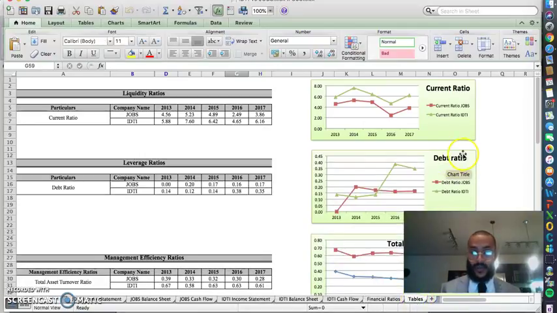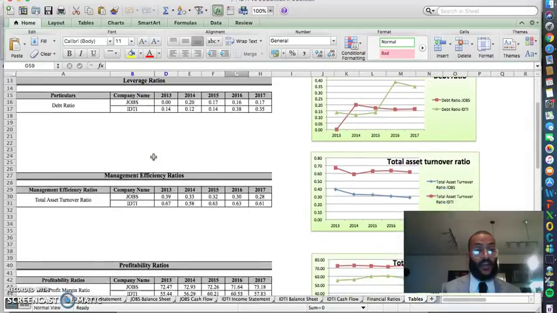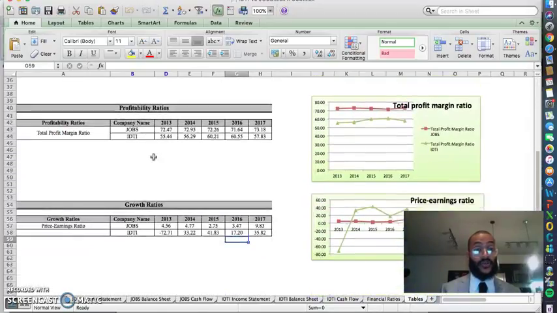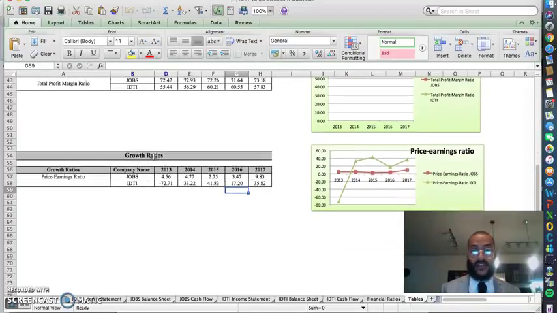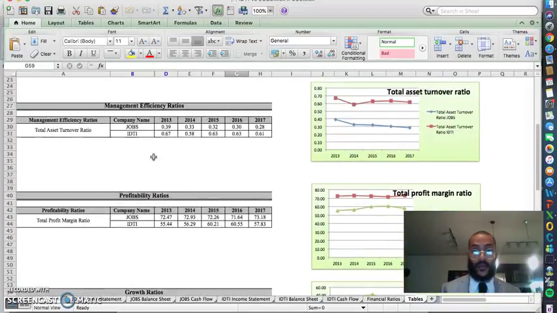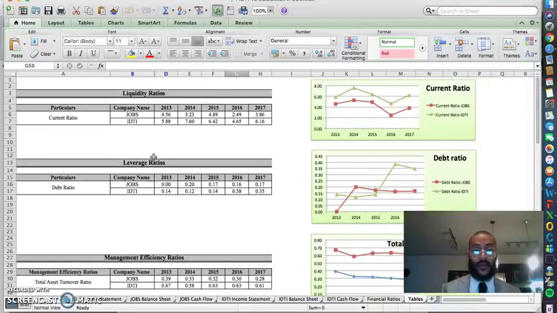And in the last sheet I have here, I compare both companies on liquidity ratios, leverage ratios, management efficiency, profitability ratios, and growth ratios. As you can see, here are the graphs and here is the comparison between both companies.